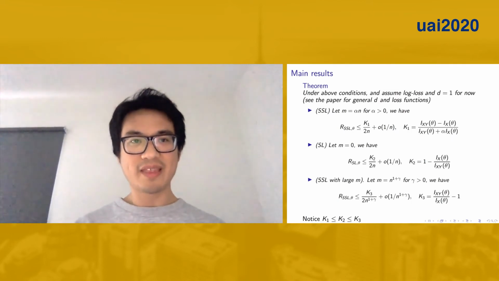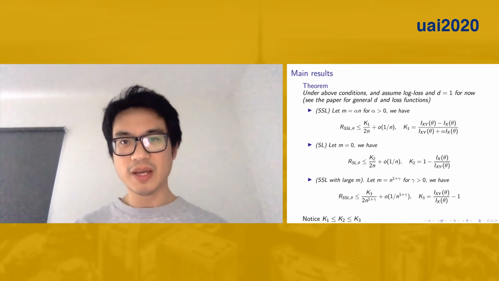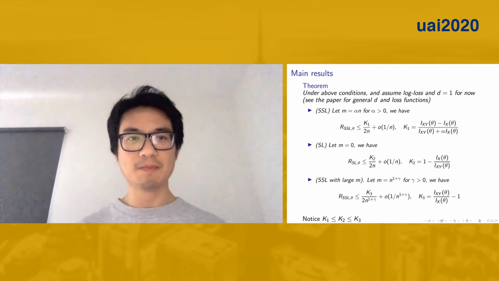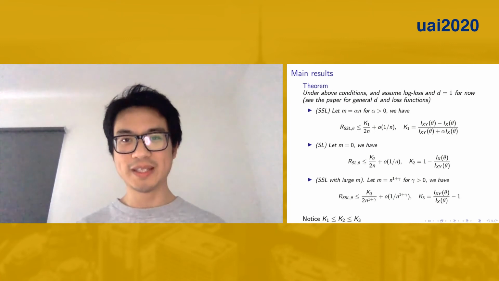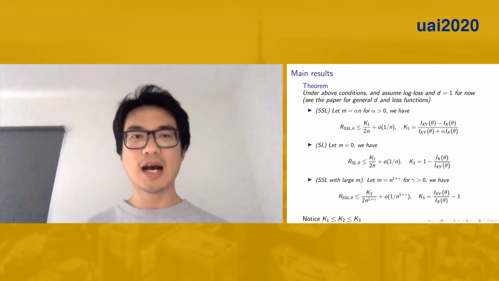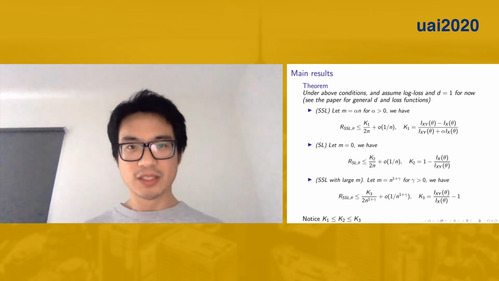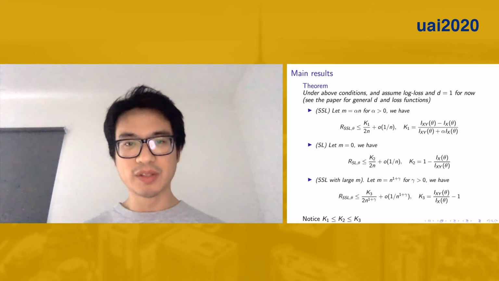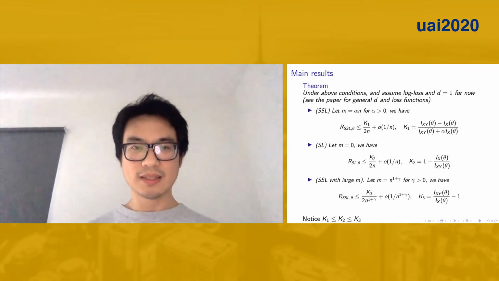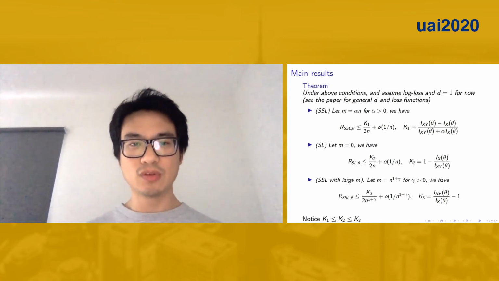So this is our main theorem under the above conditions, and first assume log loss and d equals 1. Please see the paper for more general d and loss functions. For the semi-supervised learning, we have the following results. Recall that n is the number of labeled data and m is the number of unlabeled data. In the case when m equals alpha n, the excess risk of semi-supervised learning is upper bounded by k1 divided by 2m.